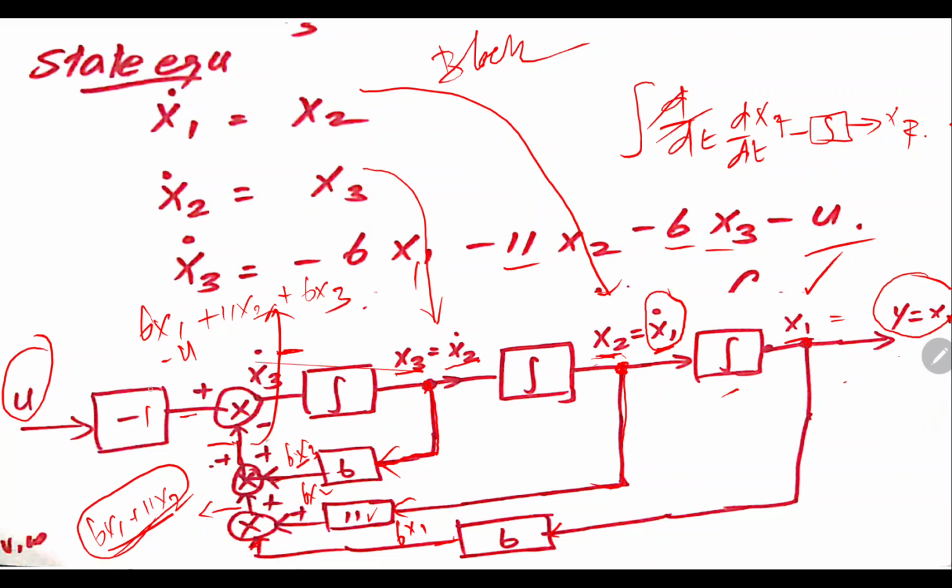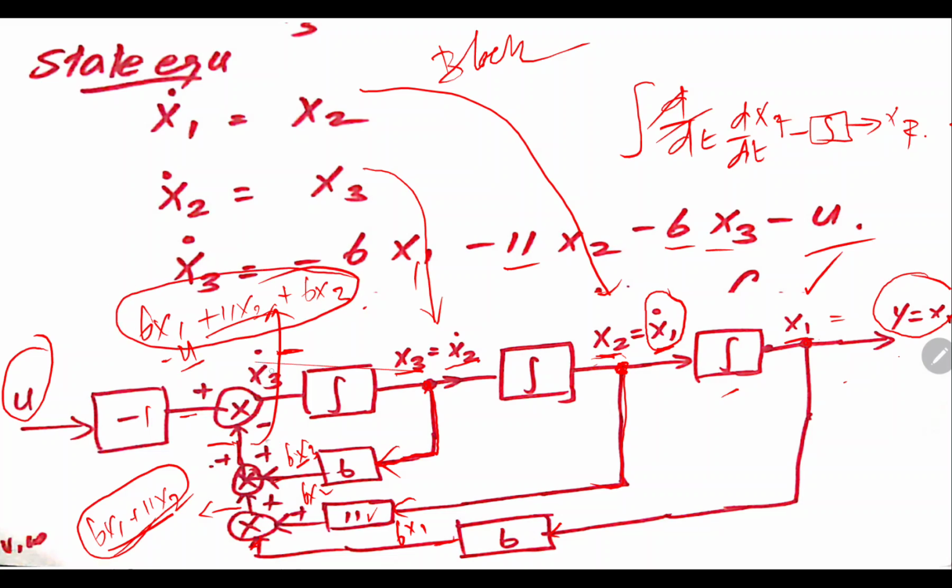Now I am going to sum input and this equation. In fact here I have minus 6, minus 11 and minus 6. So I am just subtracting minus u and the term which I got from these summers.